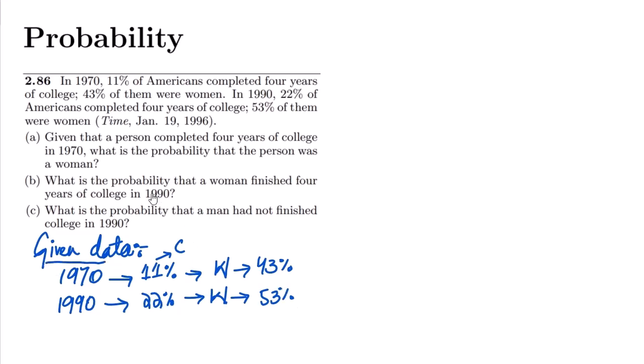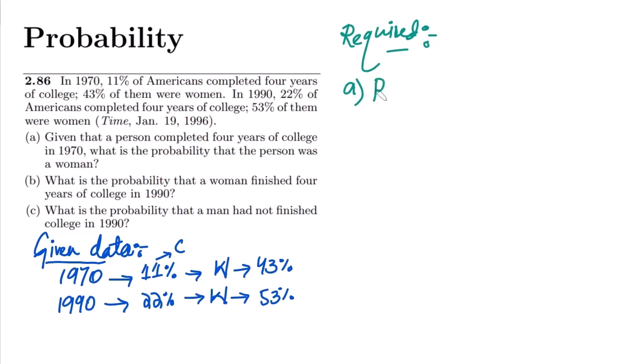Okay, so now in order to solve it, let me first write the required data. In part A, given that a person completed 4 years of college in 1970, what is the probability the person was a woman?